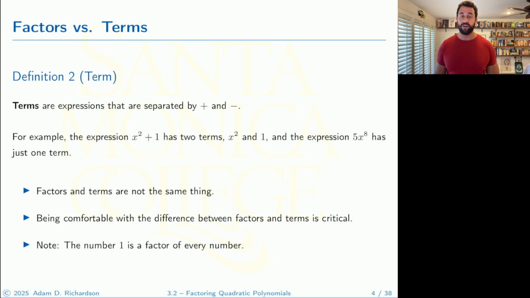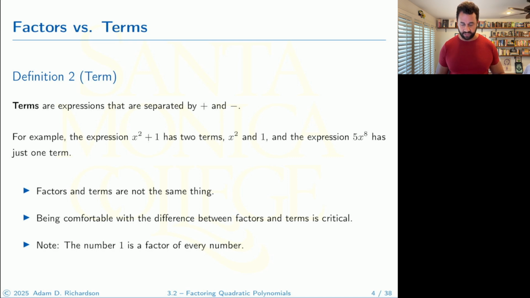So be careful. They are not the same thing, and you can't treat them the same way. Being comfortable with that difference is going to be critical. In my experience, a lot of times when students make arithmetic errors when they're doing the algebra, it's because they're mixing up terms and factors, and they think that terms and factors are the same thing, and so they try to work on them the same way, but they're not. They're very different. And I'm going to give you an example in two slides here.